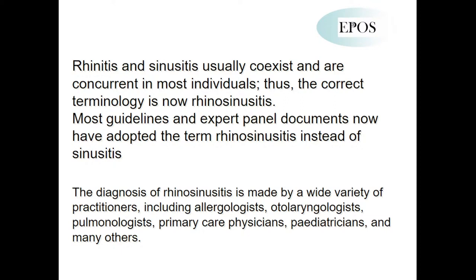It's quite understandable because if rhinogenous is the main way of spreading the infection, it is very difficult to imagine that infection can damage only paranasal sinuses without the mucosa of the nasal cavity.